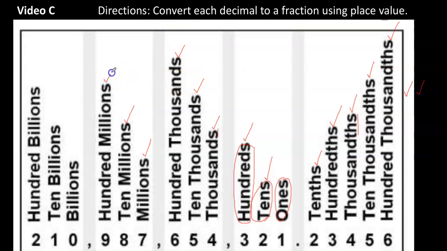If this is 100 millions, over here we'd have 100 millionths. So basically the pattern is the same on both sides, except over here we start with the ones, but on the right side we start with the tenths. So I just want you to keep that in mind as we're converting decimals to fractions.